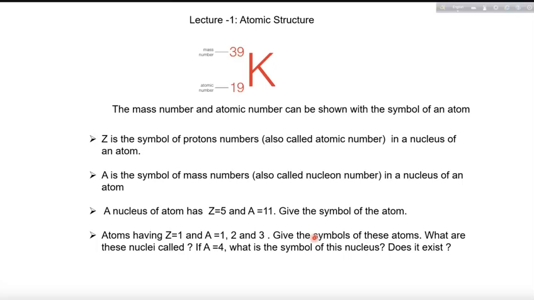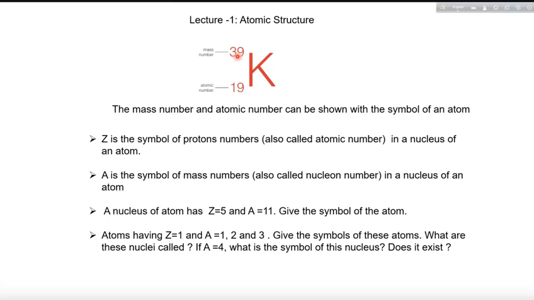But I took a specific case here, and I showed that the atomic number is placed in the left subscript of the symbol and the mass number in the left superscript of the symbol. So here is potassium, which has got atomic number 19 and mass number 39.